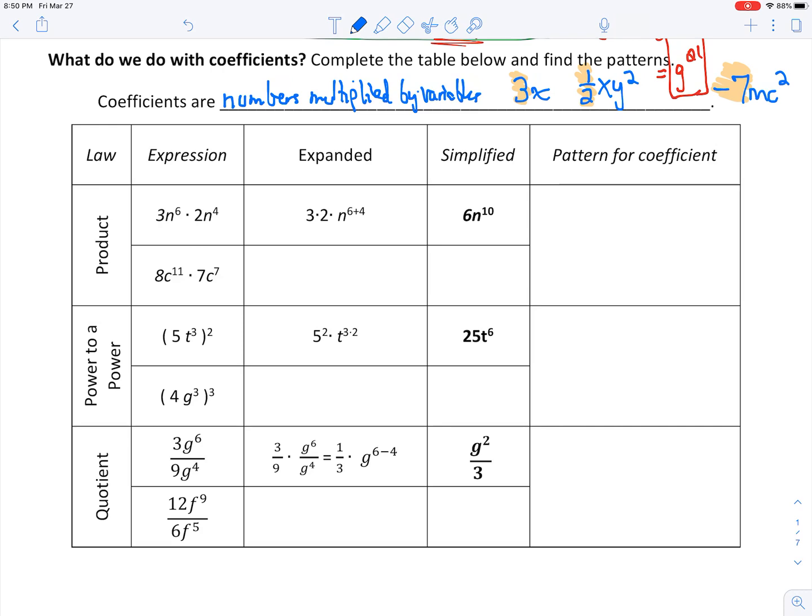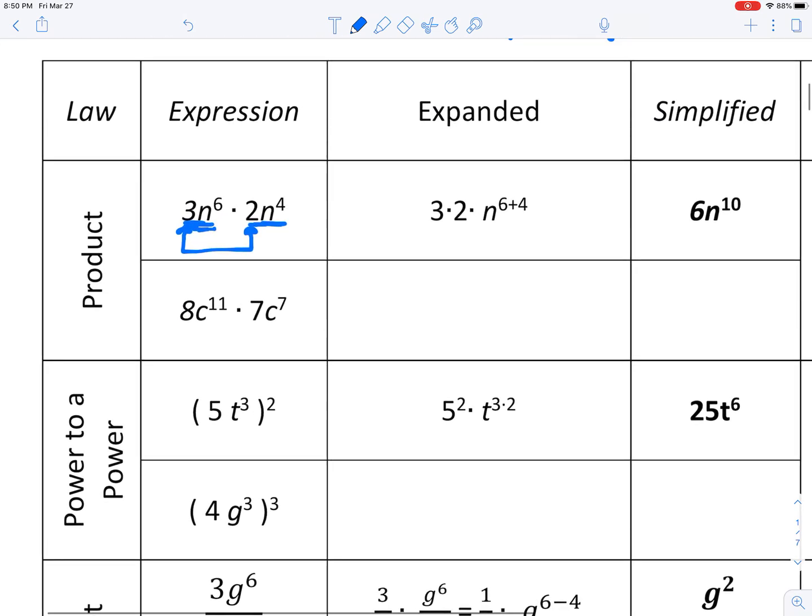You're probably used to multiplying n to the 6th times n to the 4th, but what happens when it's 3n to the 6th times 2n to the 4th? Well, I would gather the whole numbers or the coefficients together, because everything in this expression here is being multiplied. Even though there isn't a dot there, it's really 3 times n to the 6th times 2 times n to the 4th.